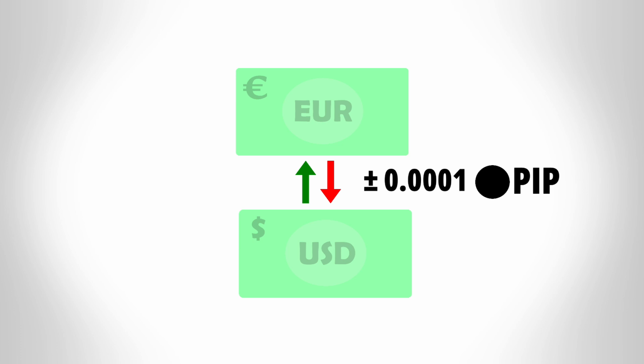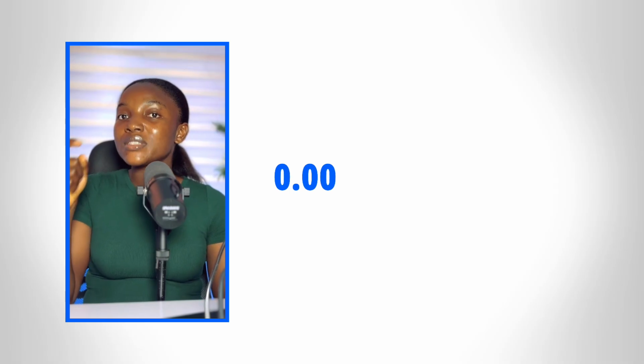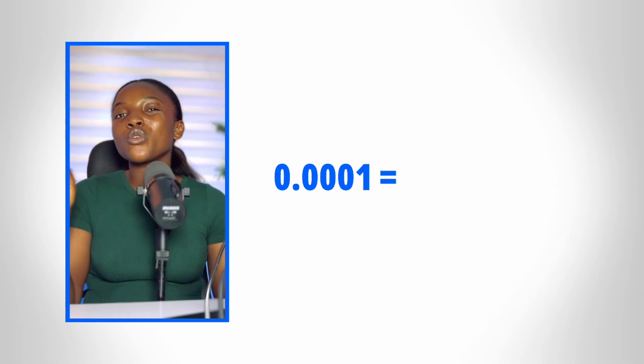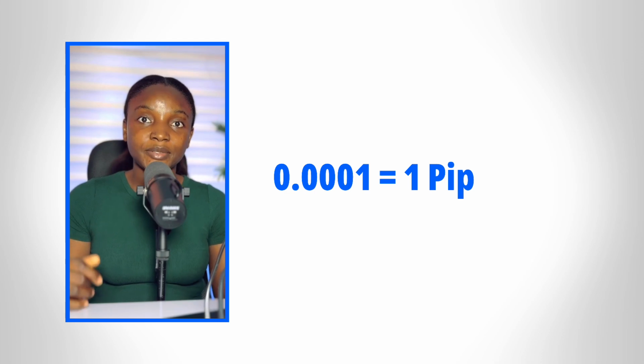So what this means, for example, let's say Euro USD moves from 1.1050 to 1.1051. It has moved 1 pip. Note that it has moved 1 pip because pip is measured in 4 decimal places. So 0.0001 is equal to 1 pip. I hope that's simple enough for you to understand.